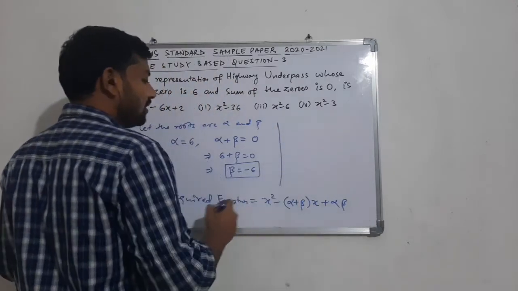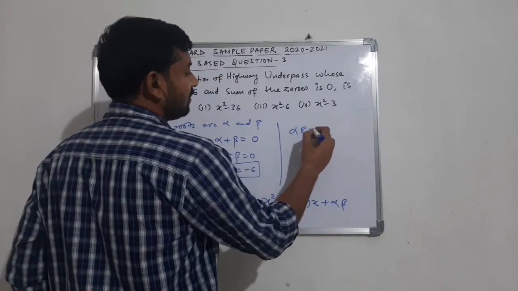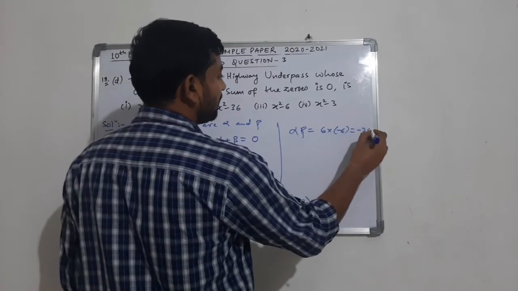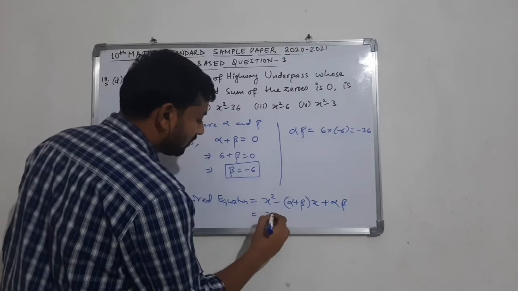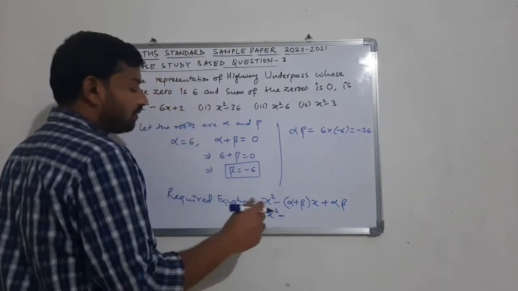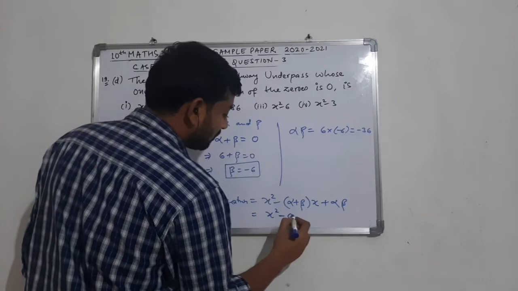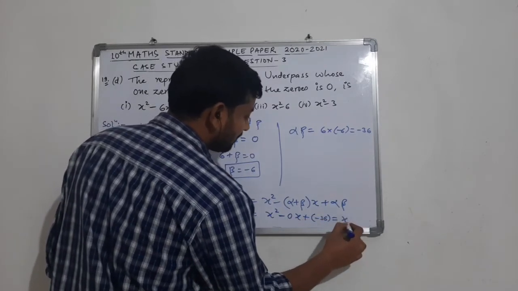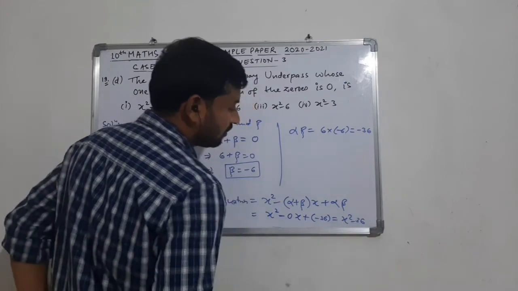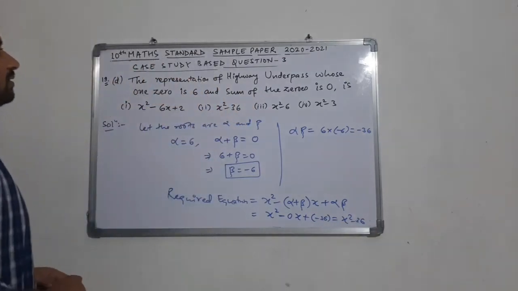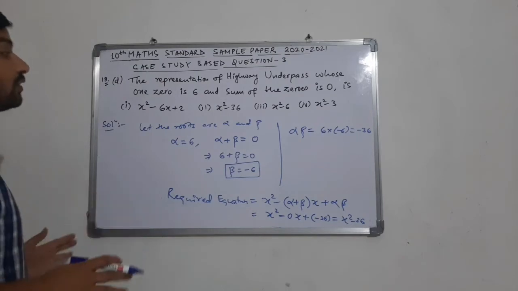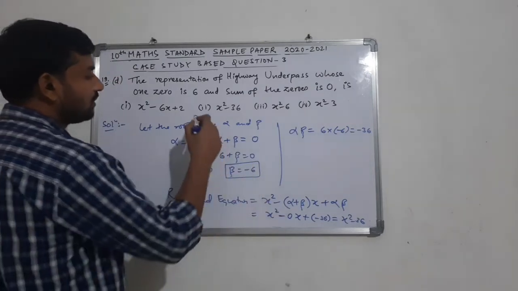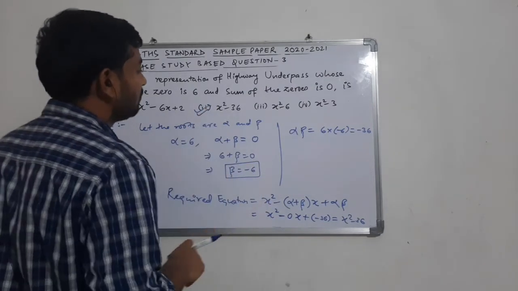Let me calculate the value of alpha beta. This is 6 into minus 6, so we get minus 36. So x square minus (sum of zeros, which is 0) x plus minus 36. Finally the answer is x square minus 36, which is our second option.